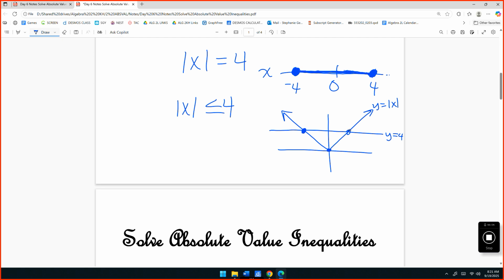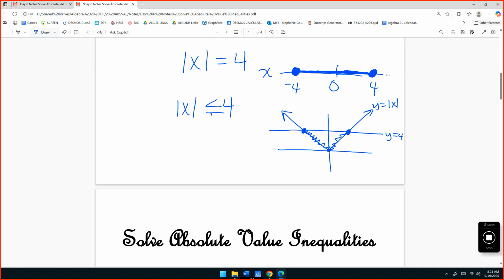If I'm saying when is it less than or equal to 4, what I'm really saying is, when is this graph below the line y equals 4? All of this, that's all of our graph that's below 4. And if I shrink that down, I get rid of the y dimension. This is what we end up having.